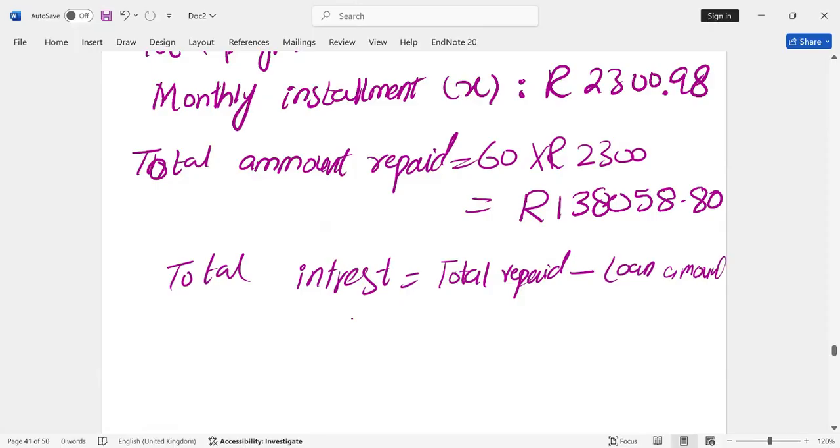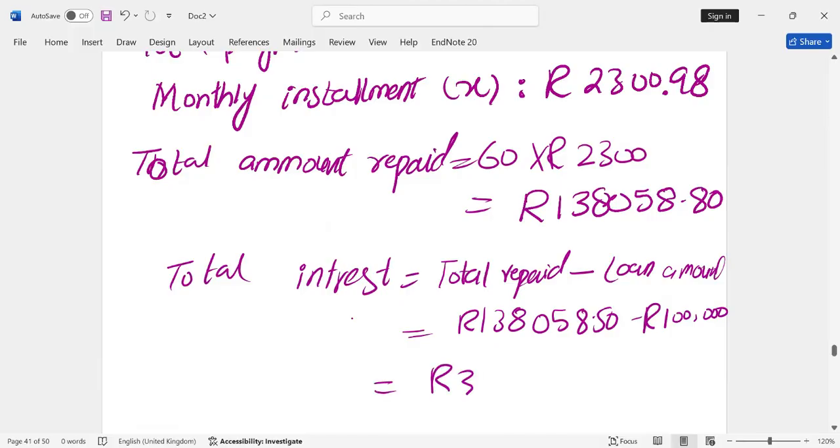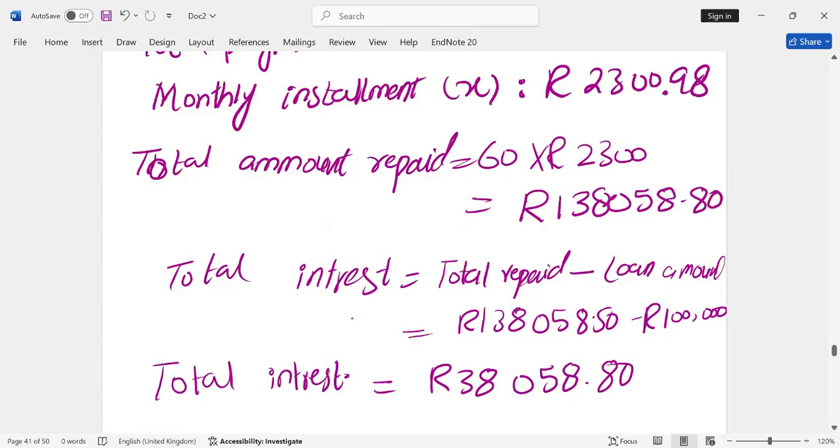Okay, so we have total interest is R138,058.80 minus R100,000. Okay, so we have the total interest is R38,058.80. Okay, this is the total interest. So this is the required answer for this question.